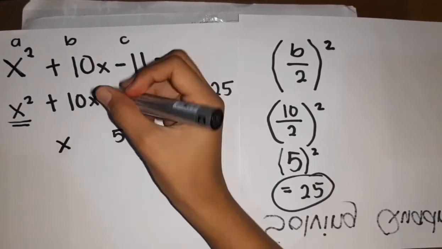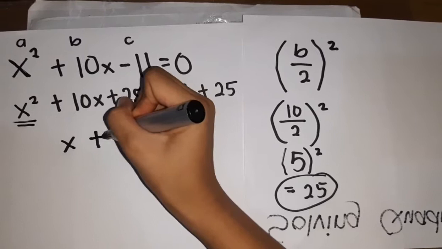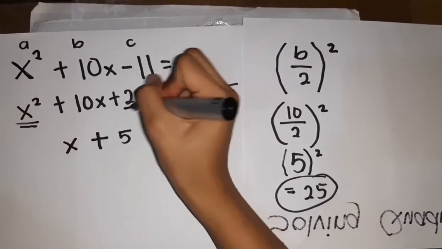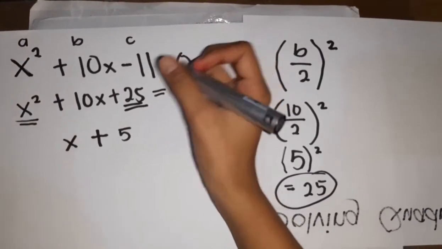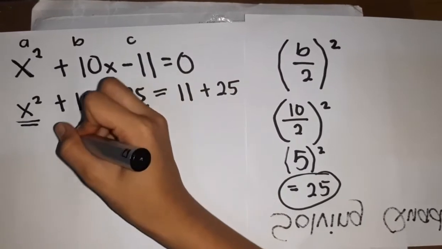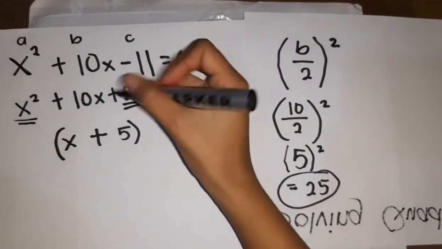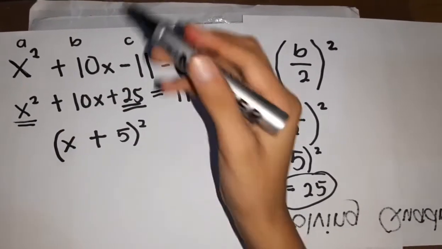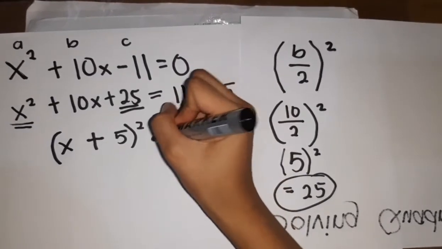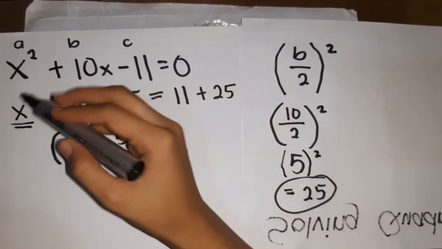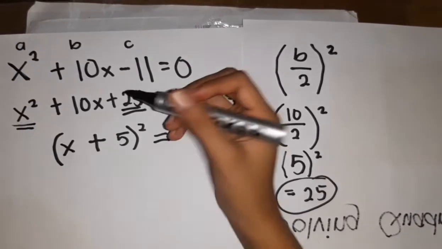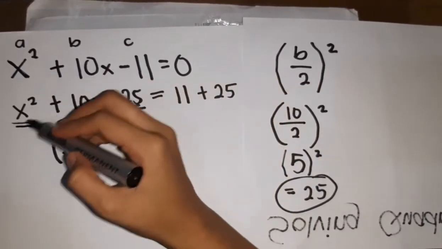Now we will get the sign. You will get the sign from the second term. Our second term is positive, so this will also be positive. Since we're talking about the square of a binomial, it means enclosed in parentheses with an exponent of 2 again.